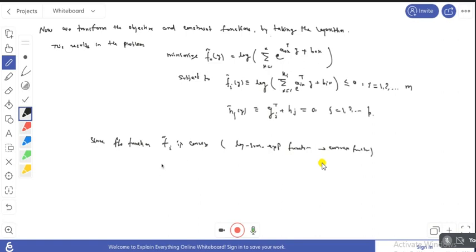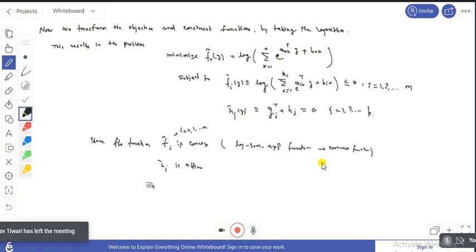So this is convex, and hj is an affine function. This is affine, and this is convex for i equals 0 to m, because your objective function is also a convex function and the inequality constraint functions are also convex. These are convex, and this last one, the equality one, is affine.